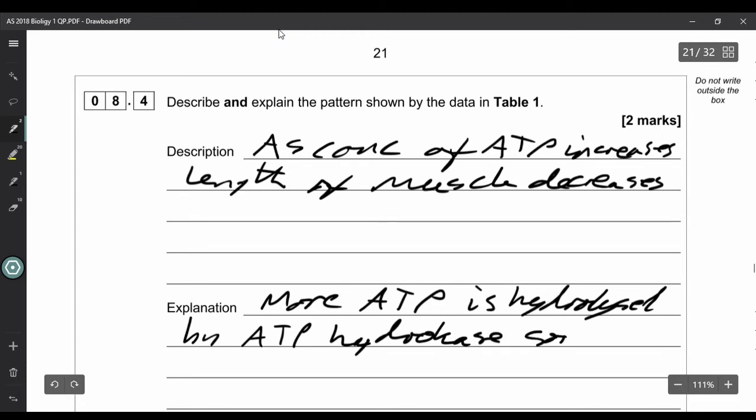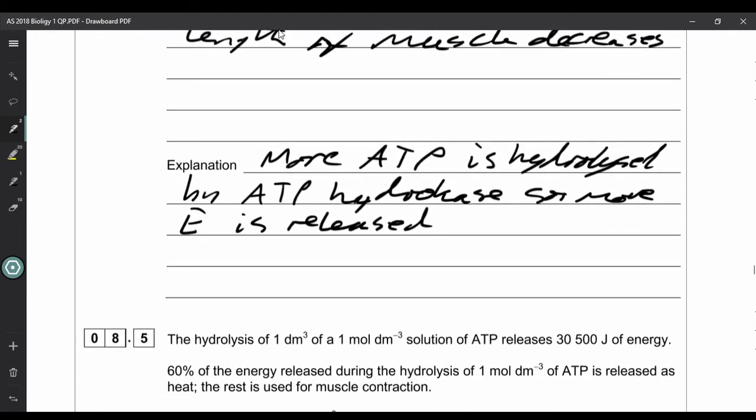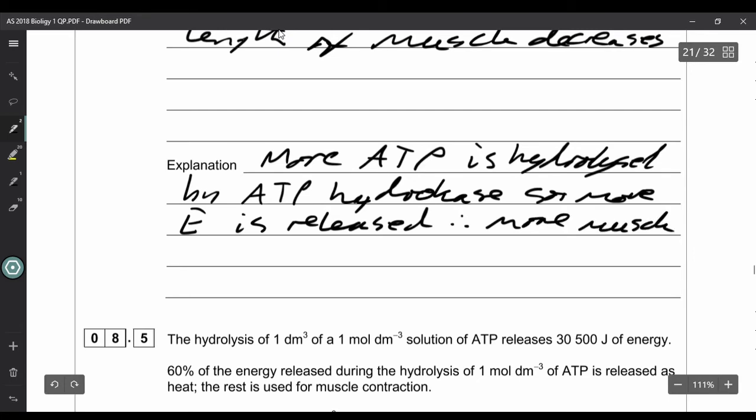So more energy is released. Therefore, there's more muscle contraction.